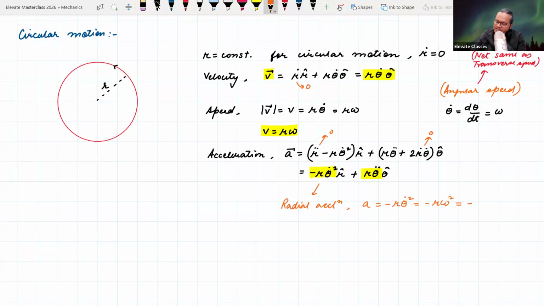Minus, omega is equal to v upon r, so v square by r total. V square by r. तो इसका जो corresponding force है Fr for a particle which is moving in a circular trajectory is basically equal to minus mv square upon r.